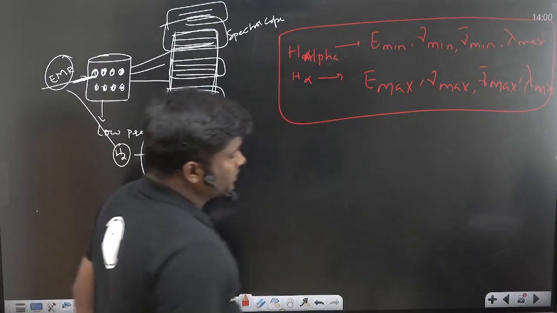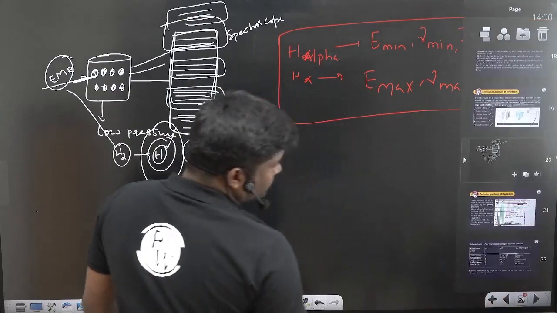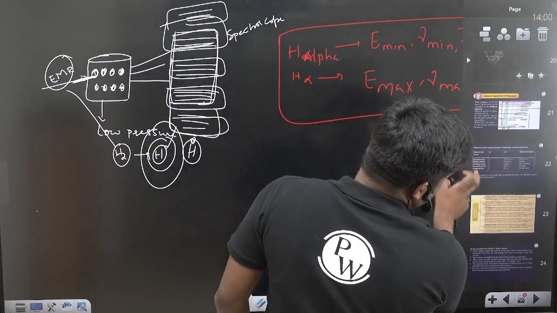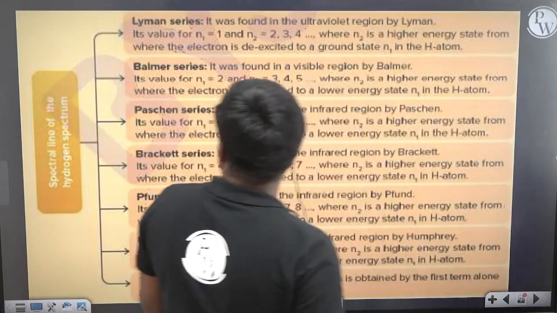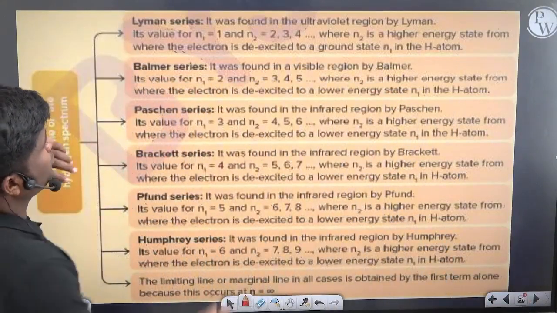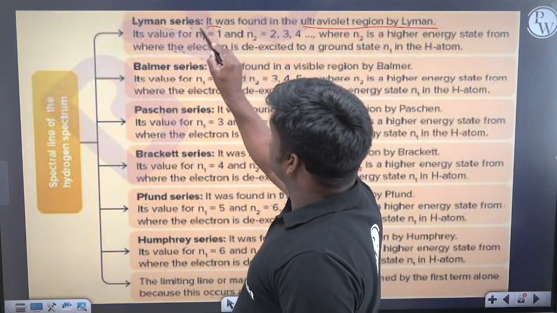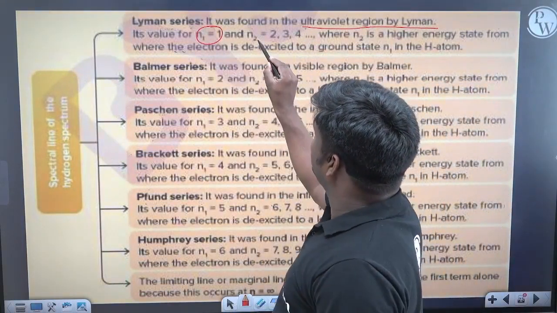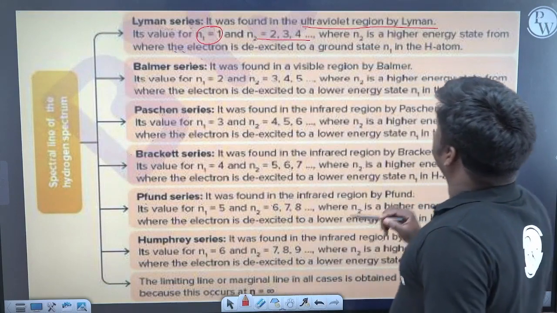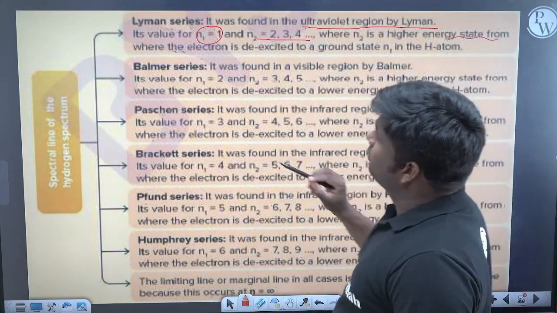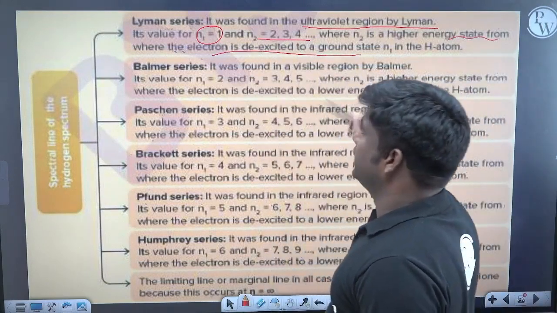Okay. And next, this is about the Lyman series. It was found in the ultraviolet region by Lyman. N1 is always 1 in the Lyman series. N2 will be 2, 3, 4, where N2 is the higher energy state from where the electron is de-excited.